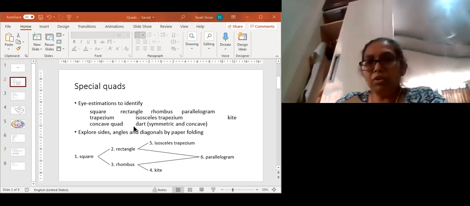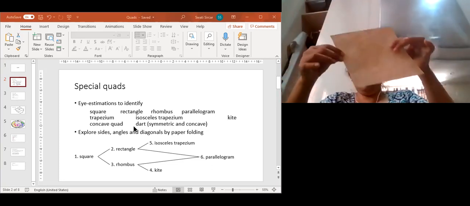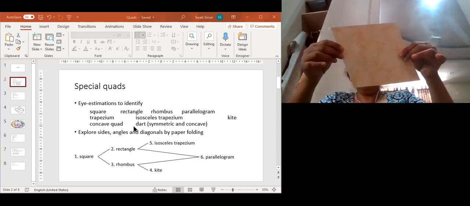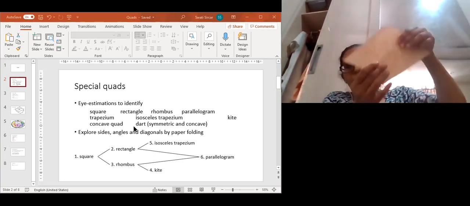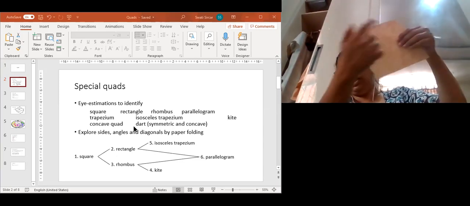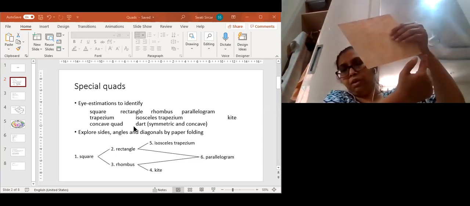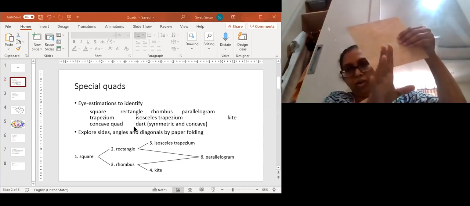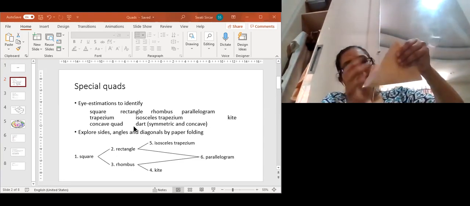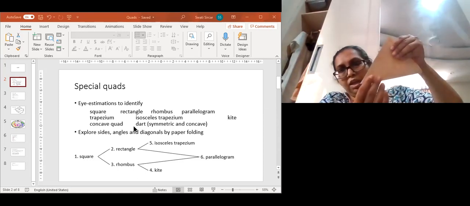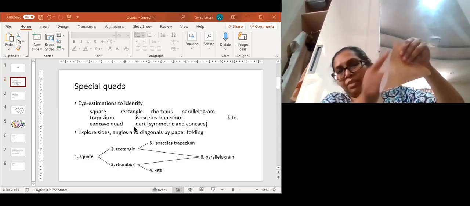So let's say this is a rhombus. When I fold the rhombus, you should label all the vertices as A, B, C, D, or whatever. Now, when I fold this in half, you can see two sides will match.